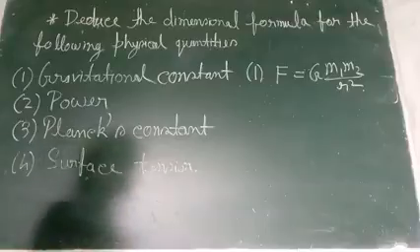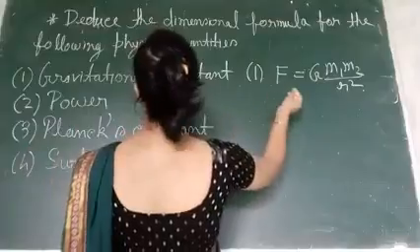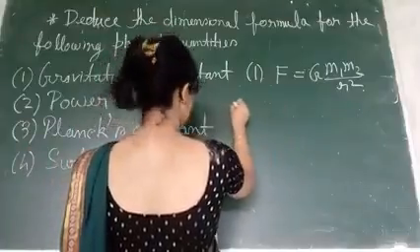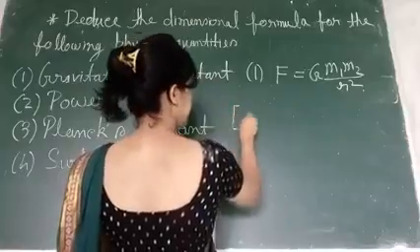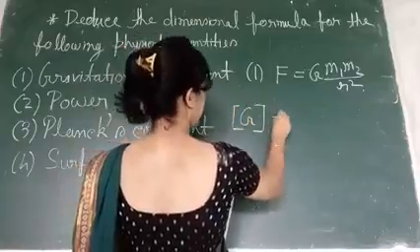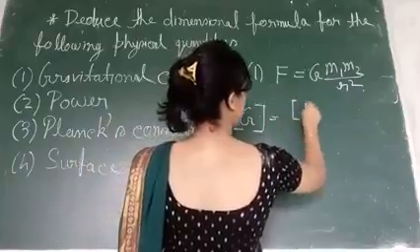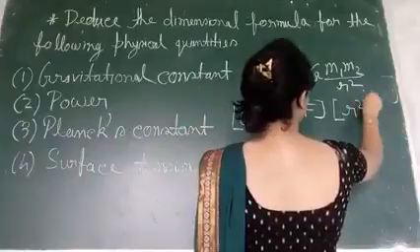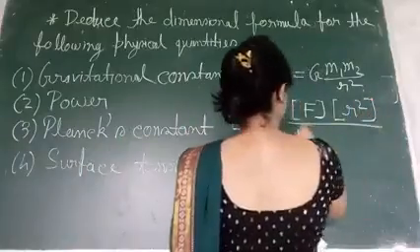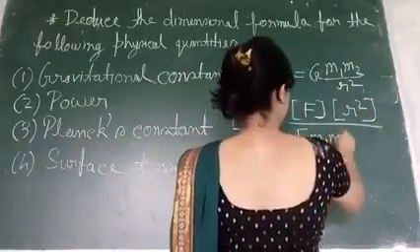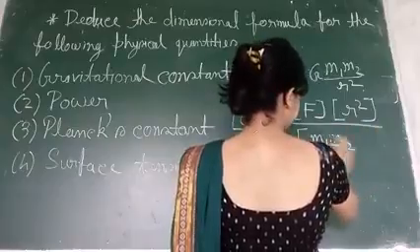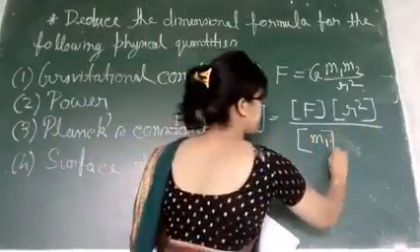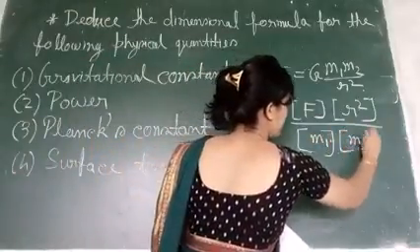So what will be the dimensional formula for G? For this, we should write in this way: G is equal to dimensional formula of F into dimensional formula of R squared divided by dimensional formula of M1 into M2, or we can write separately, dimensional formula of M1 into dimensional formula of M2.